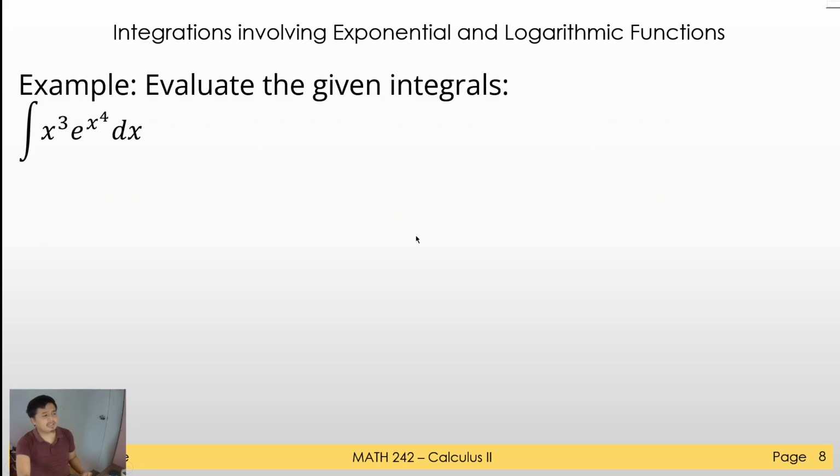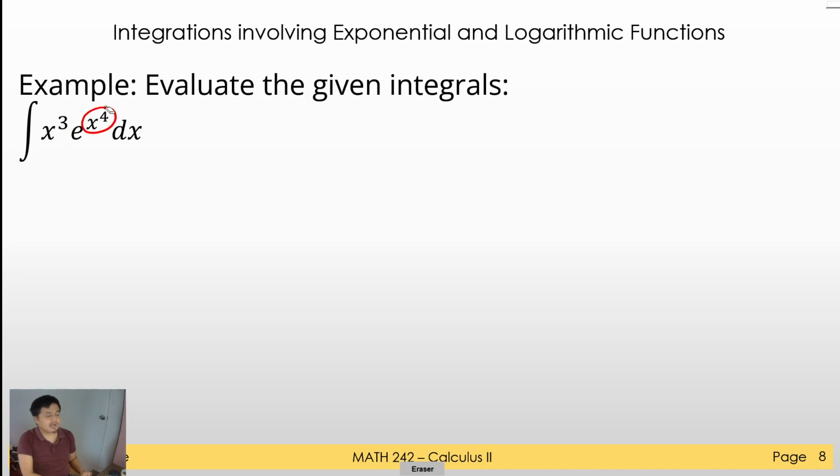Evaluate the integral. We have an example to evaluate this integral. So what should we do? We don't have a direct integration of this function. But upon inspection, if we find the derivative of x raised to the fourth, it has a portion of x cubed.